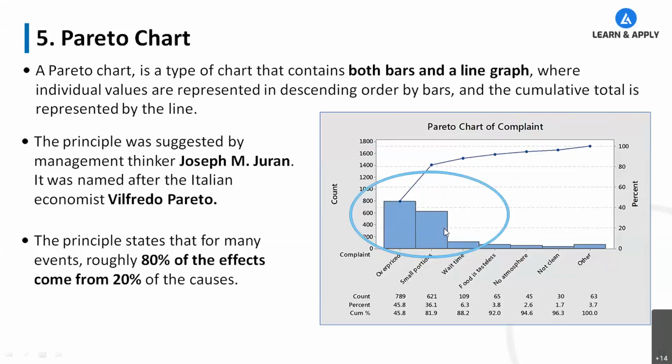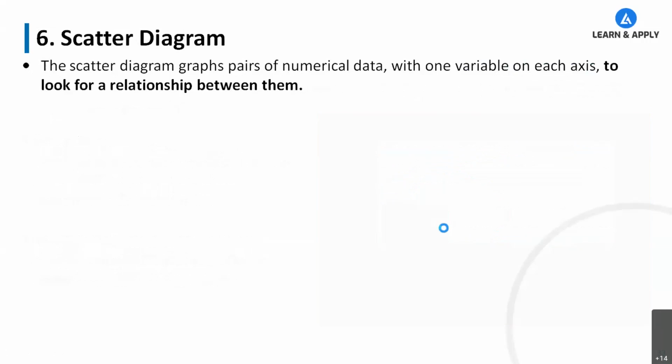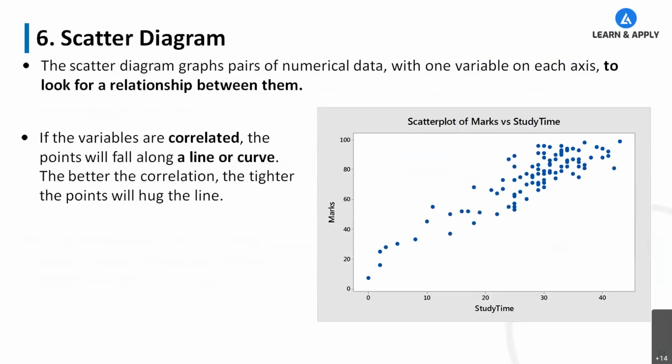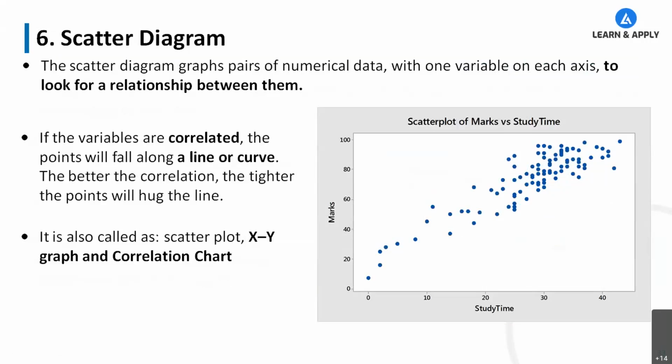Next, I'll stop at the scatter diagram for a few seconds. The sixth tool is the scatter diagram, and it graphs pairs of numerical data. There are two variables, one on each axis, and we are observing the relationship between them. If the variables are correlated, the points will fall along a line or curve.